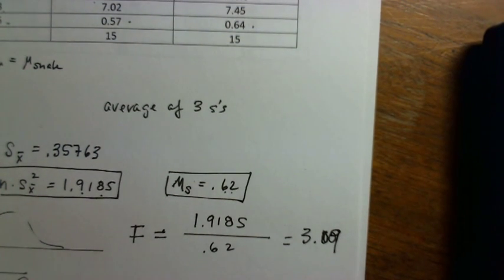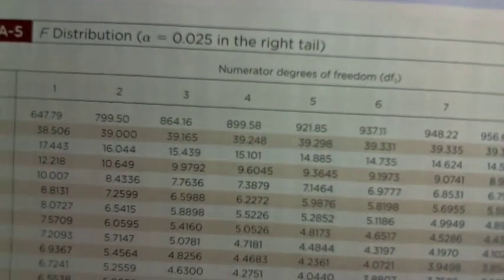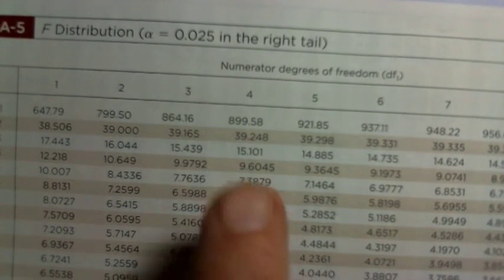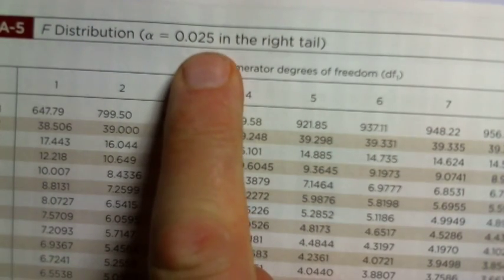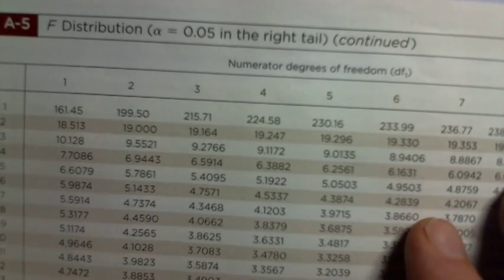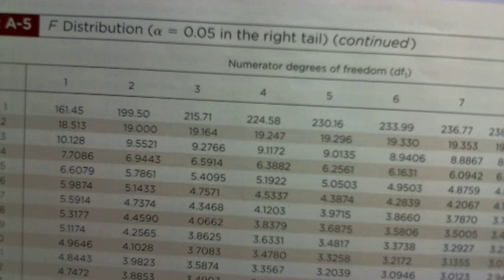To be able to find that out, we need to look at a new test statistic, F. Table A5 in the back of your book. There's one table with 0.25 in the right tail. On the next page, there's another one with 0.05 in the right tail. This is the one we will be using as a default.